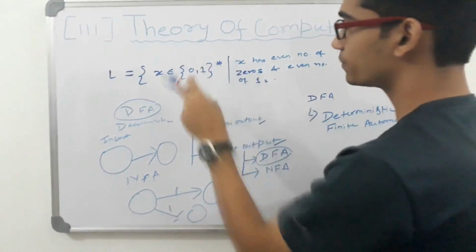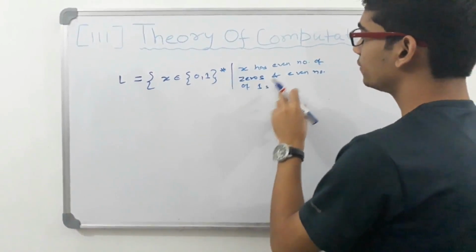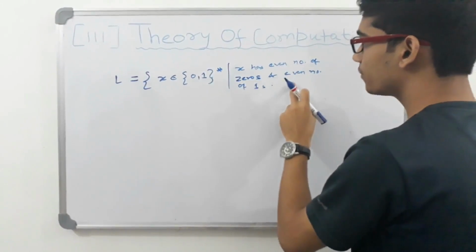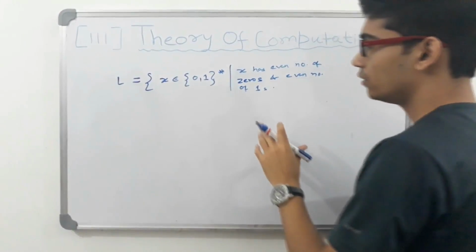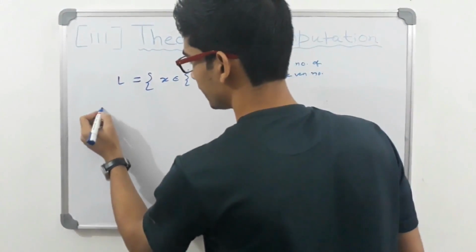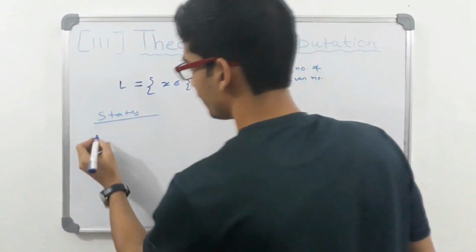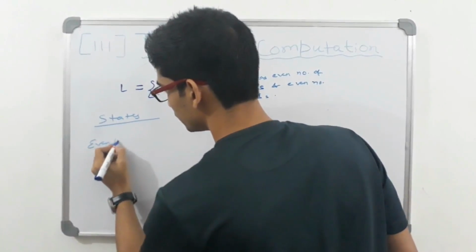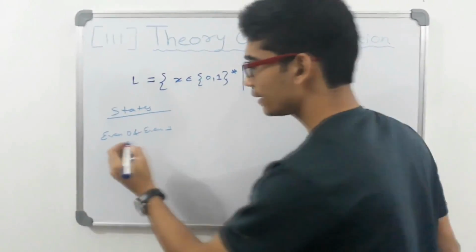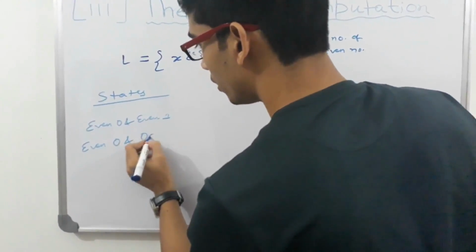Now let us first solve this problem. In this problem we have to decide that the string that will be accepted will have an even number of zeros and an even number of ones. So what states can we have? We can have even 0 and even 1. We can have even 0 and odd 1.